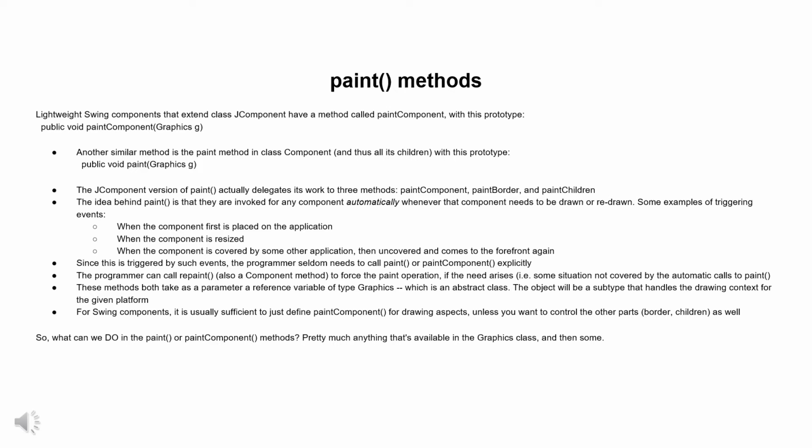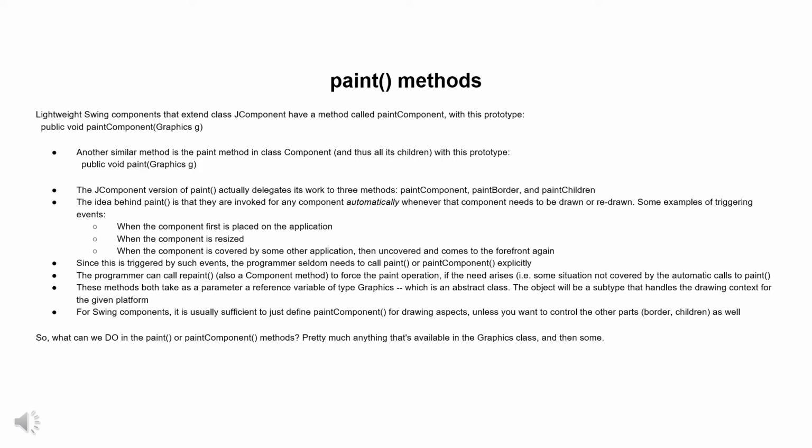These methods both take as a parameter a reference variable of type Graphics, which is an abstract class. The object will be a subtype that handles the drawing context for the given platform.